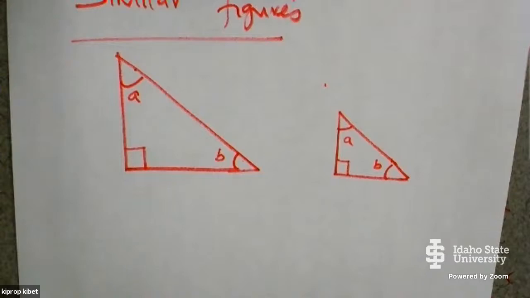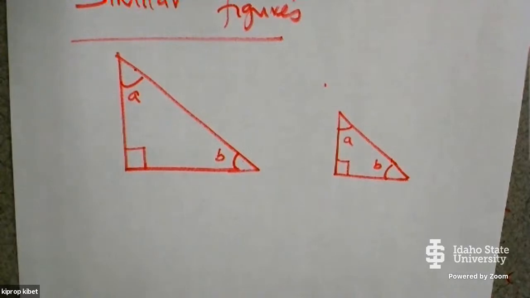And now the sides are what? They are proportional. So this side is proportional to this. This one is proportional to this.